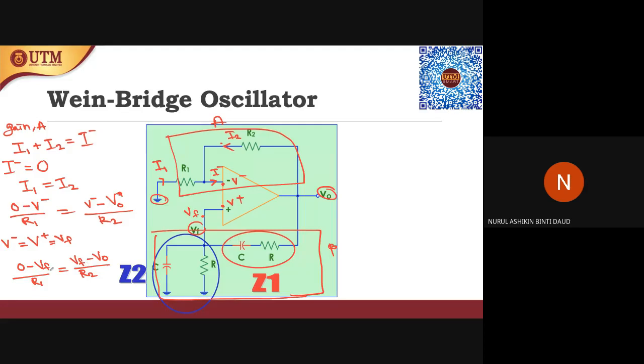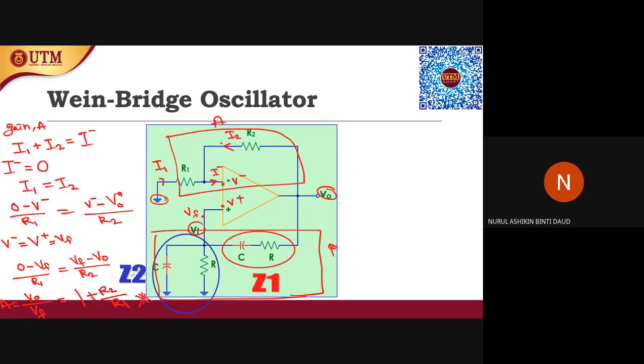you will get that V output over VF, which is also the gain, equals 1 plus R2 over R1.